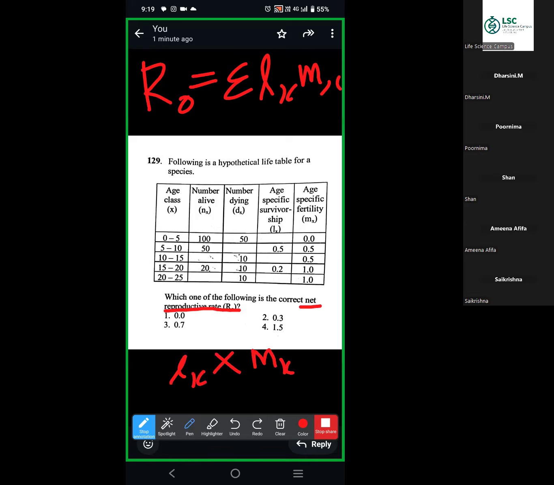So we have to add one more column to this table for finding lx mx. Before finding lx mx, you have to find lx. For finding lx, we have one equation: lx is equal to nx by n0.